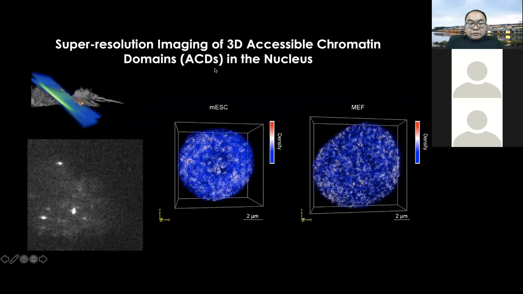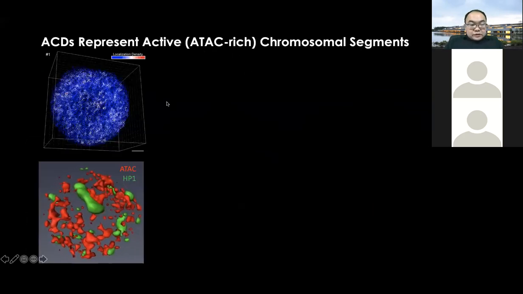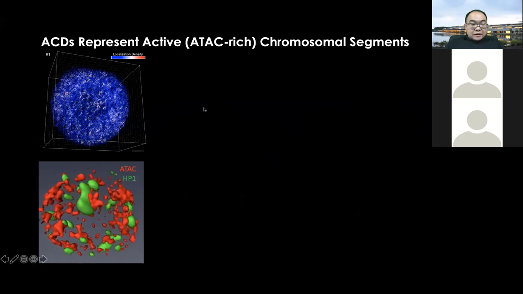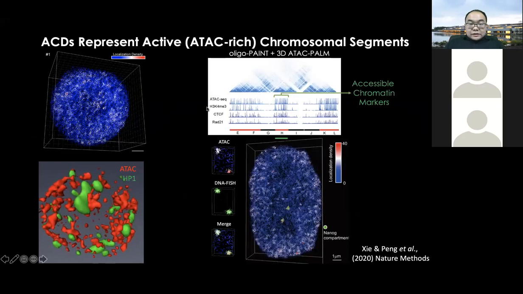These accessible chromatin clusters are also spatially segregated from the heterochromatin. And we found that these accessible chromatin clusters correspond very well with accessible chromatin domains in the linear genome, as we can demonstrate here by DNA FISH coupled with ATAC-PALM.